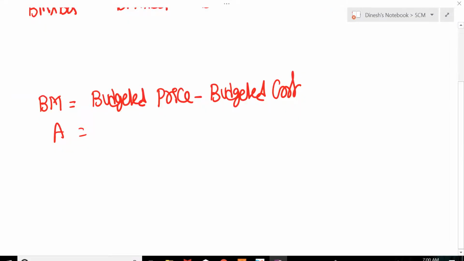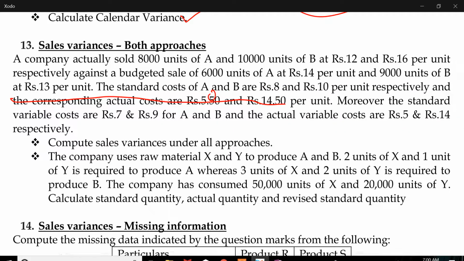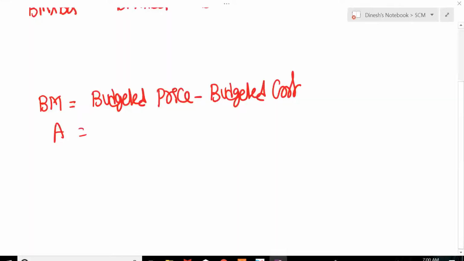So 14 minus 8 equal to 6, 13 minus 10 equal to 3.